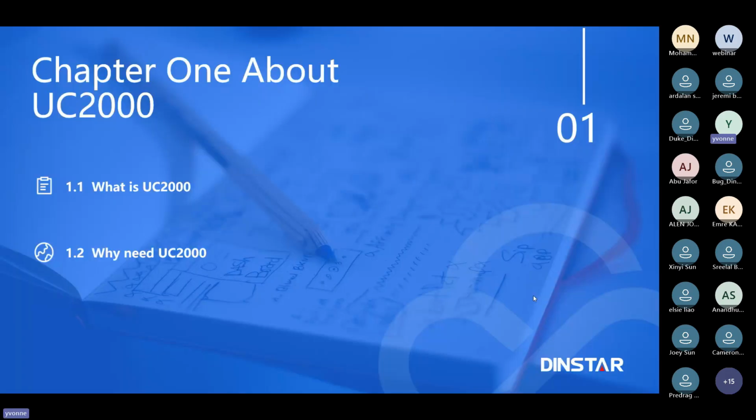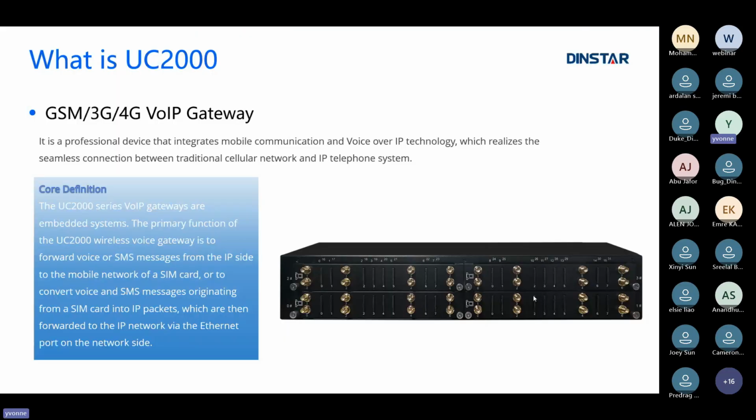So let's see, what is the UC2000? Actually, I think it's a device that serves as a bridge connecting mobile networks and IP voice networks.